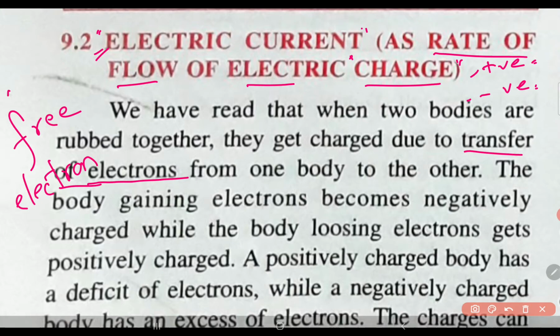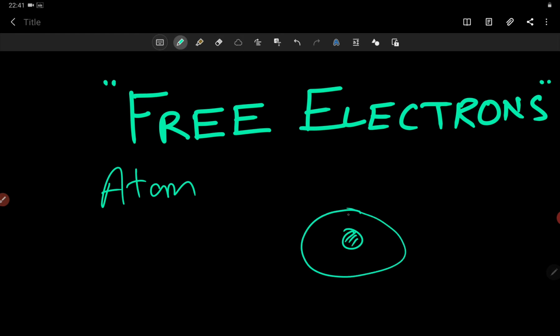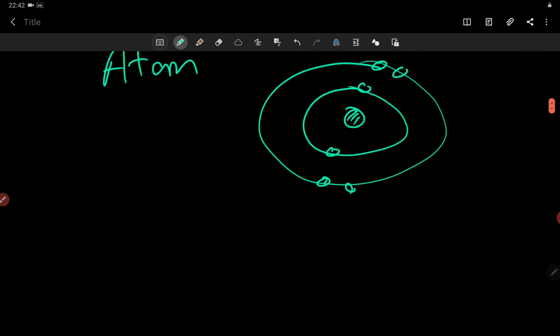Let us try to understand the term free electrons a bit. As you all know what an atom is and what the structure of the atom is, it consists of a nucleus surrounded by orbits which hold electrons. The electrons on the outermost shell are known as valence electrons.